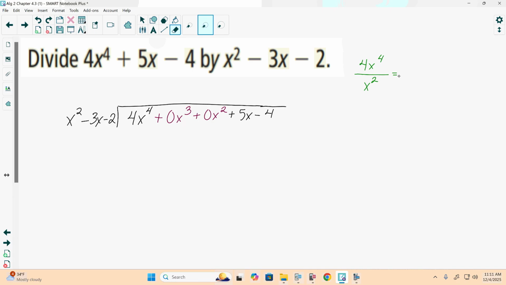This still works if it was 2x squared. Some of those will end up giving us fractional answers, and that's fine, but we're mainly going to look at these nicer ones. Now 4x to the 4th divided by x squared, well, we'll still have the 4. x to the 4th divided by x squared, x squared. So the first part of our answer is 4x squared.